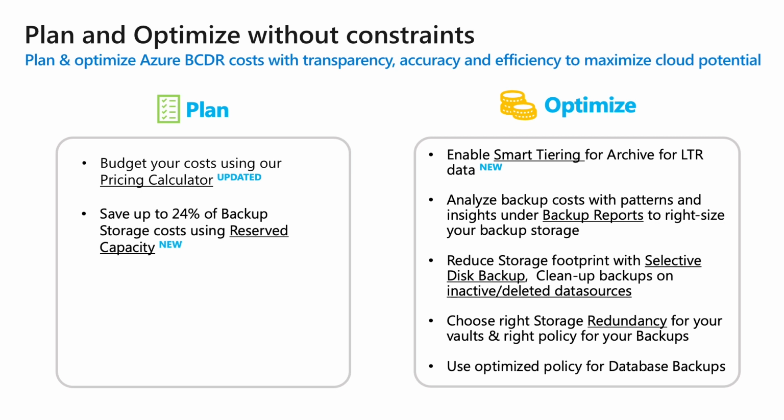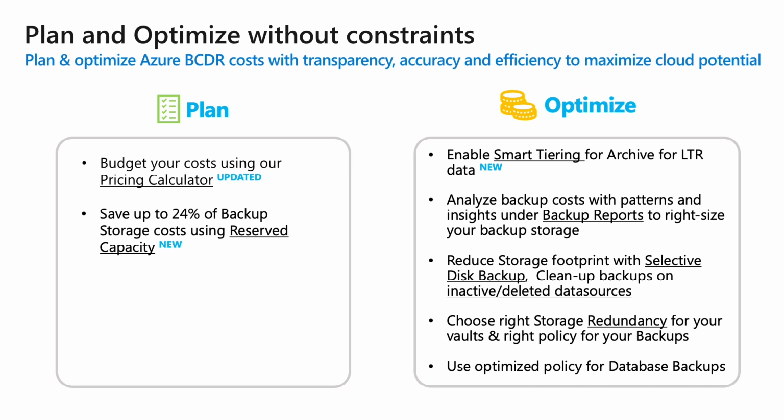Planning is the first step, which will help you estimate your backup storage footprint, and later we can use multiple cost optimization levers based on that to save costs. Here is a complete picture of capabilities and best practices that can help you optimize your BCDR costs.